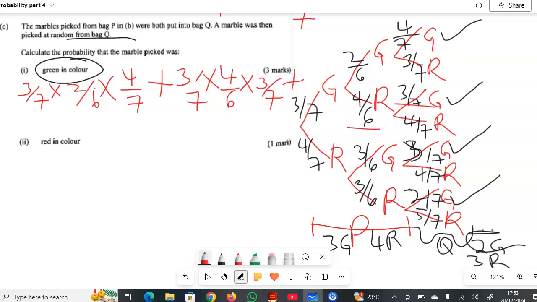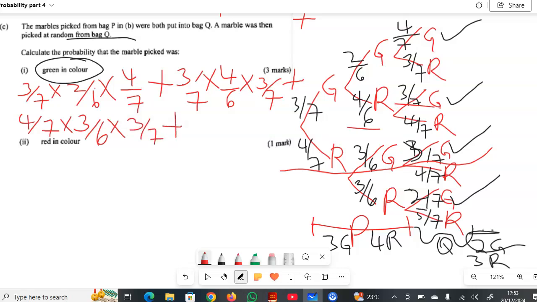We add the third case, that is this part here. We have 4 over 7 times 3 over 6 times 3 over 7.